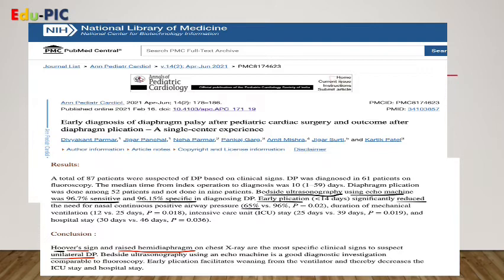And this study was showing the bedside ultrasonography using echo machine was 96.7% sensitive and 96.1% specific. You can notice how specific and sensitive the ultrasound is to diagnose diaphragmatic palsy.